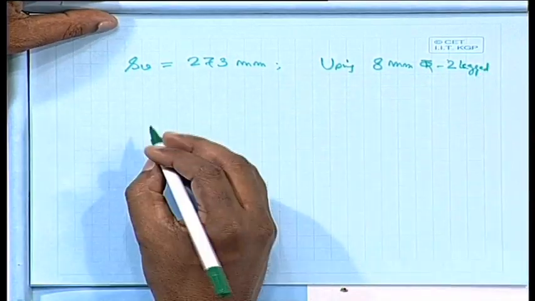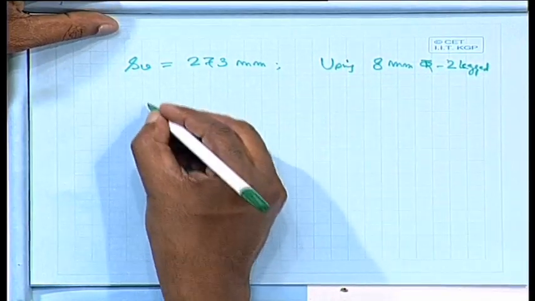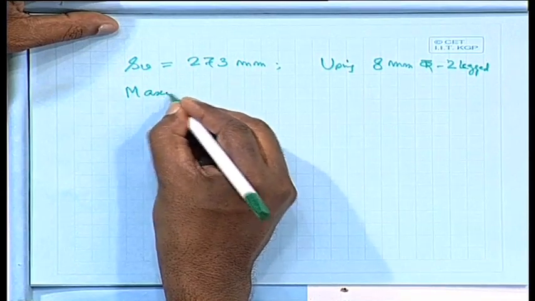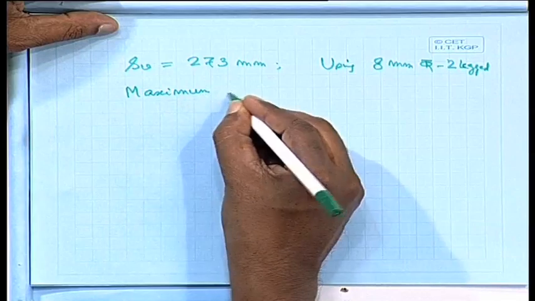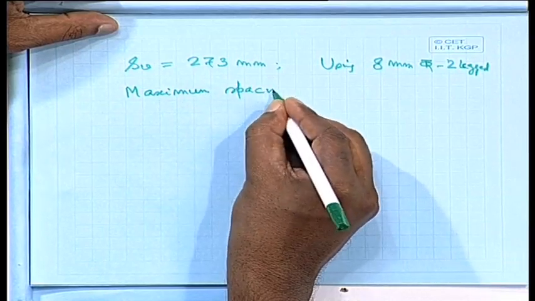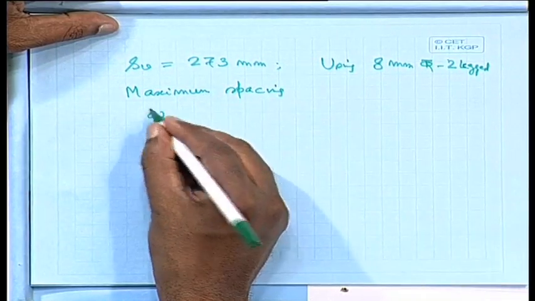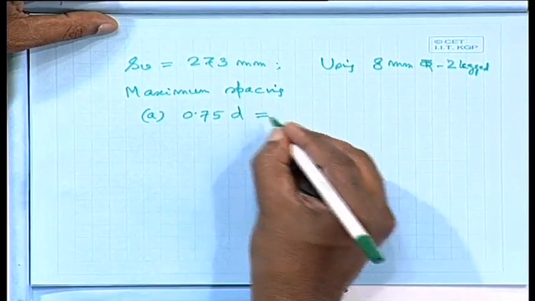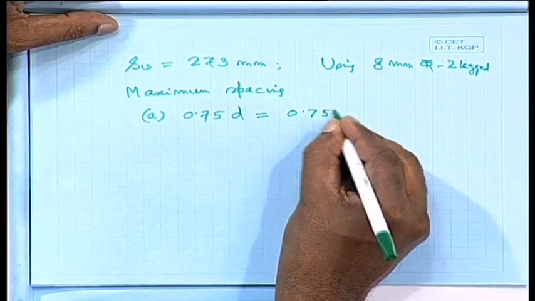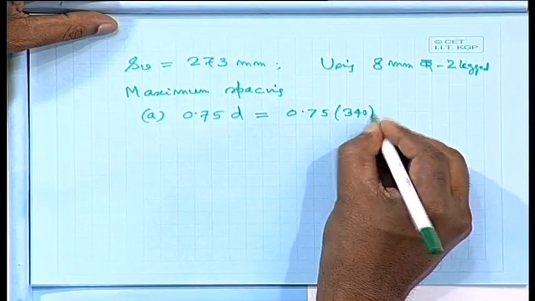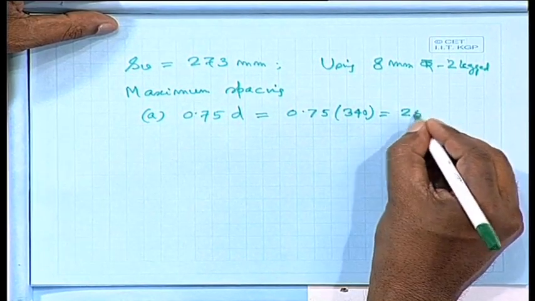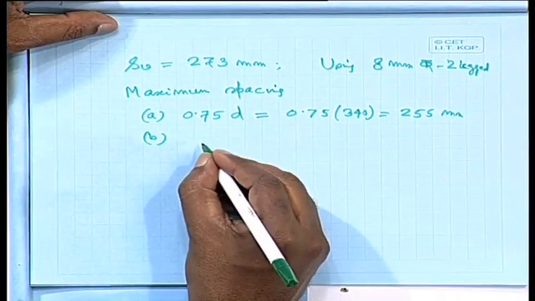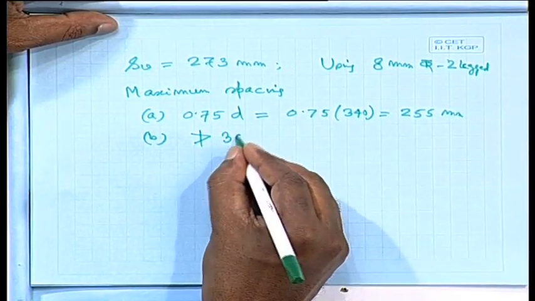What our code says is that the maximum spacing: A, 0.75 D, 0.75 times 340 equals 255 millimeter; B, not greater than 300 millimeter.